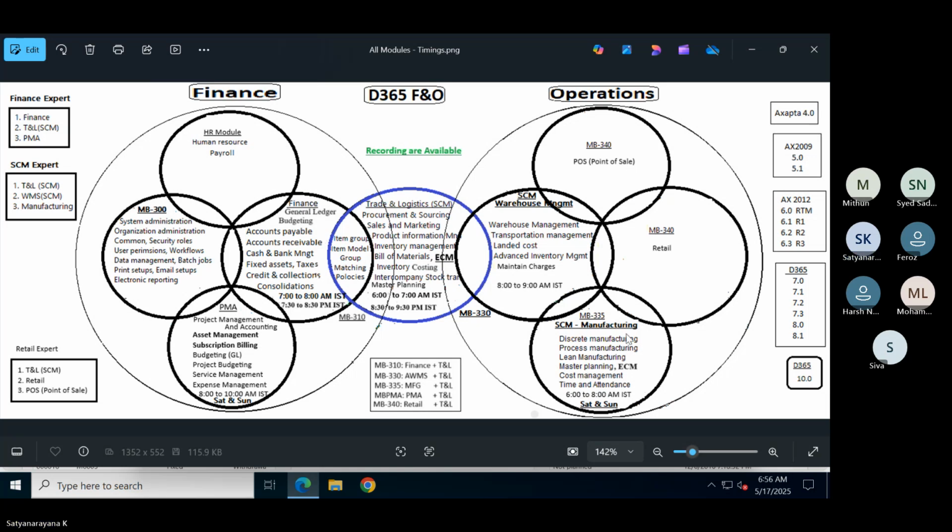So even in the 5% requirement, suppose there is one manufacturing job opportunity, no one is applying. If you apply, 99% they will take you into manufacturing with simple questions. They will ask 2 to 3 simple questions, and whether or not you have knowledge, they will take you, because they need consultants.